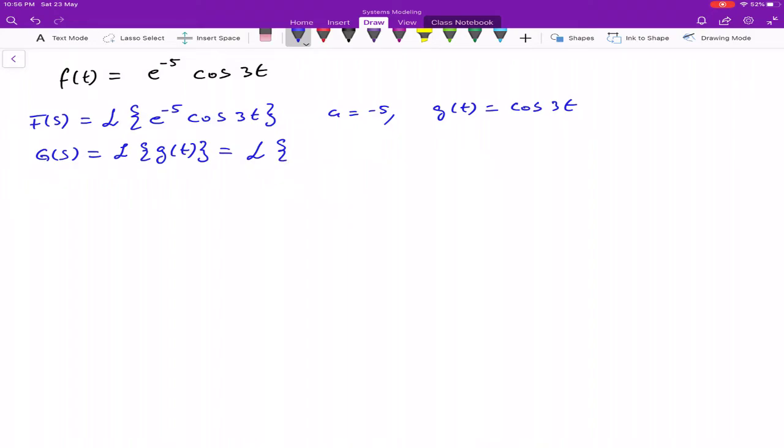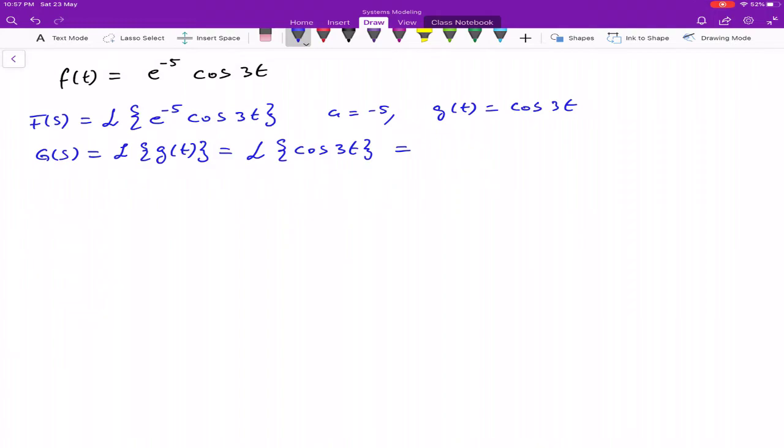So we said g of s is equal to the Laplace transform of g of t. We want the Laplace transform of cosine 3t, and we've done already the Laplace transform of a cosine function, which was s over s squared plus omega squared. So now here our omega is 3.